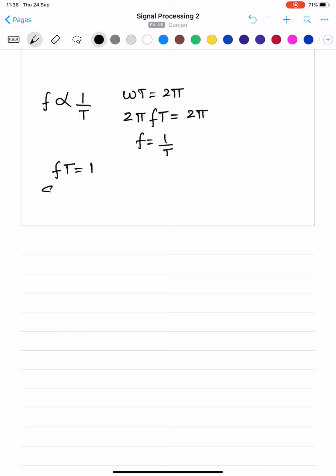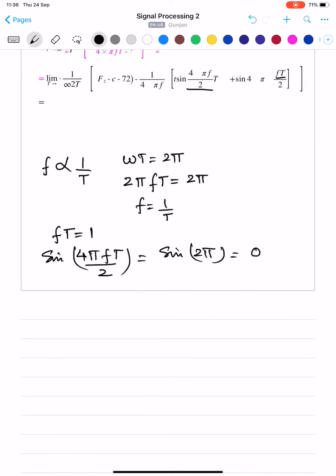So you can say sin of 4 pi f T divided by 2 is equal to sin 2 pi, and sin of 2 pi is equal to 0.